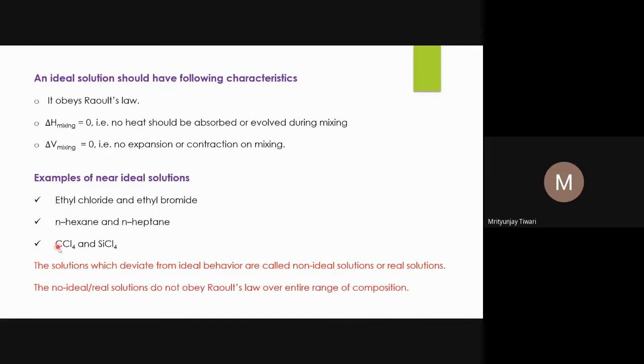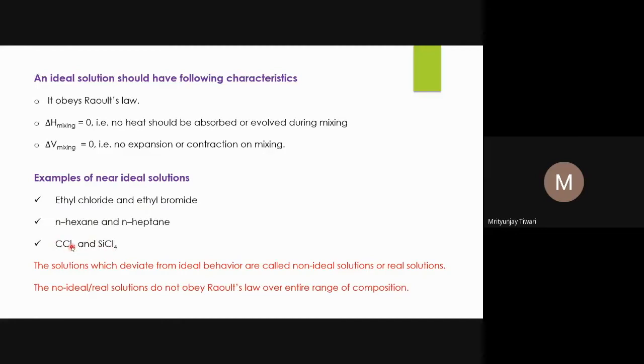We see a similar thing in the case of carbon tetrachloride and silicon tetrachloride. CCl4 and SiCl4 both have tetrahedral geometry, that we know from the VSEPR theory or even valence bond theory, if you remember. Both will have tetrahedral shape, the same topology, and carbon and silicon are of the same group.